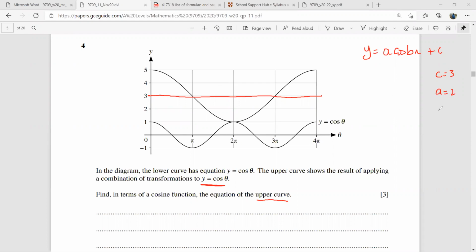Half. Very good. So this equation is going to be y is equal to 2 cos half x plus 3. That's it. 3 marks.